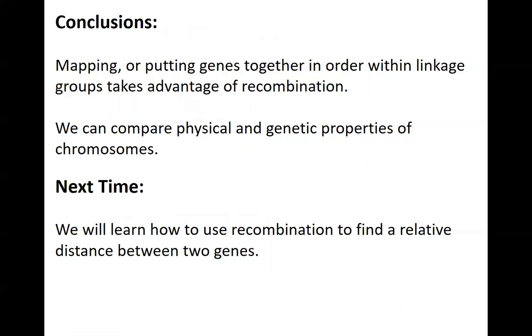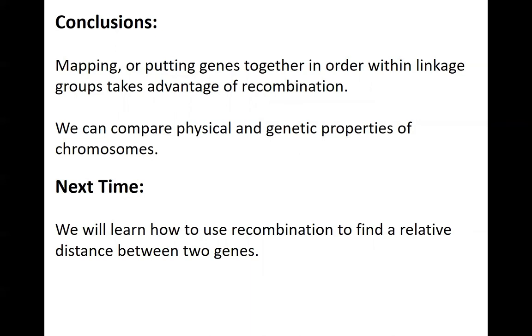We can also, from the Curt experiment, compare physical and genetic properties of these chromosomes, actually see how they undergo crossing over using these weird, visible abnormalities in these X chromosomes, where this crossing over actually takes place.